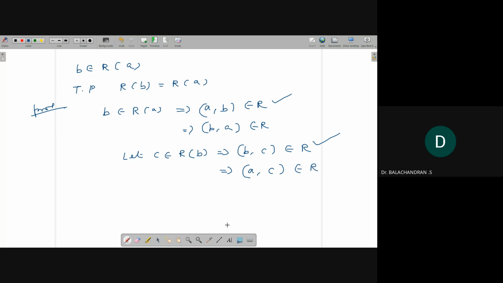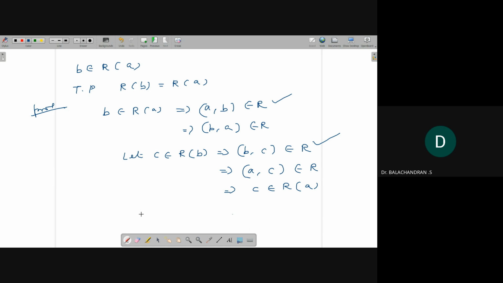My aim is to prove finally C in the right hand side, R of A. If C is in R of A, then A comma C should be in R. So directly you can write A comma C in R implies, the second element is in R of A. That's all.